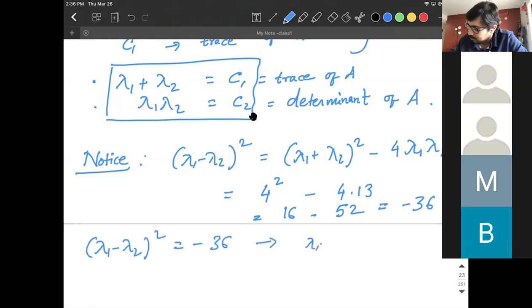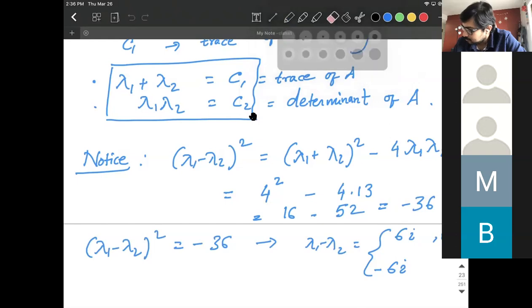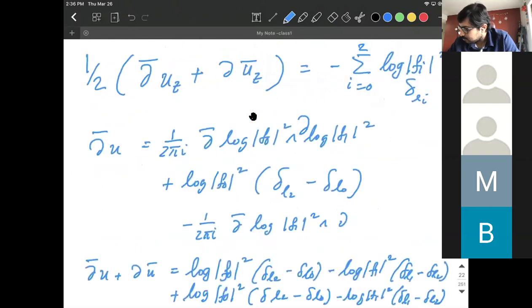This means that lambda 1 minus lambda 2 has to be either 6 times i, where i is the complex number, so i square is minus 1, or minus 6 times i. Then you can solve the equation.